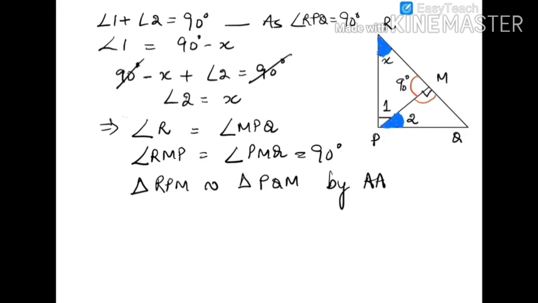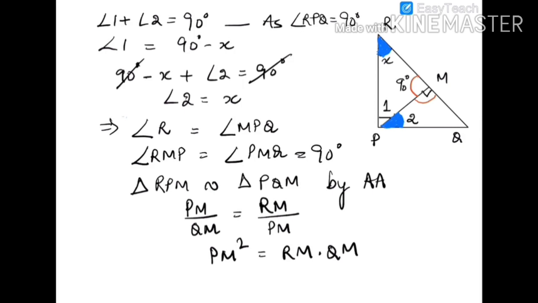So now we can write down the ratios. PM upon QM is equal to RM upon PM. On cross multiplying, we get PM square equal to RM into QM.